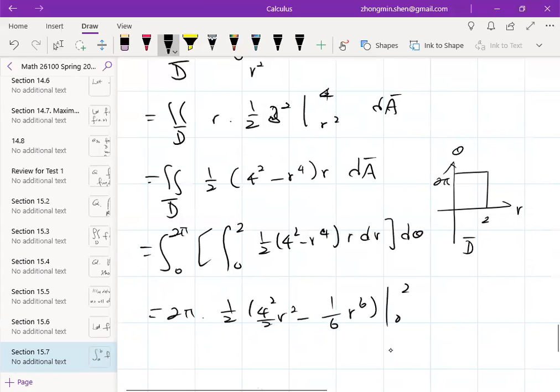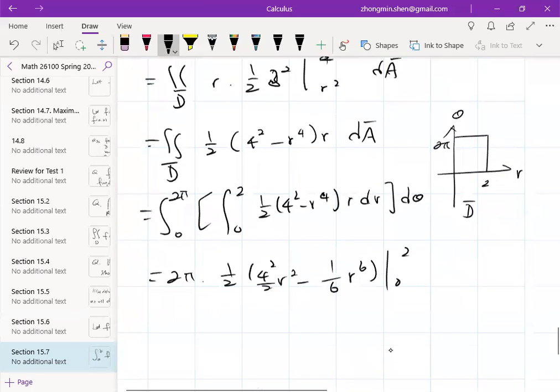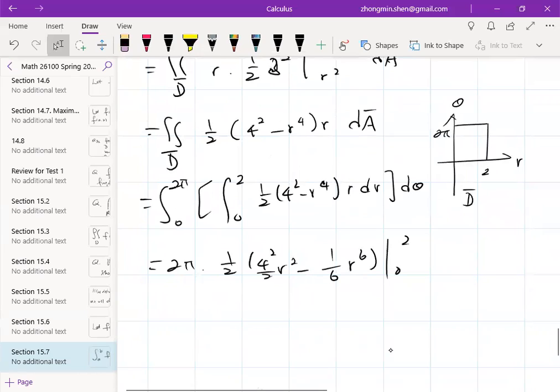Evaluate at the endpoints, and you get the same result. If you multiply this out, that is 4 times 2 squared minus 12 r to the power 6. So you get the same result.